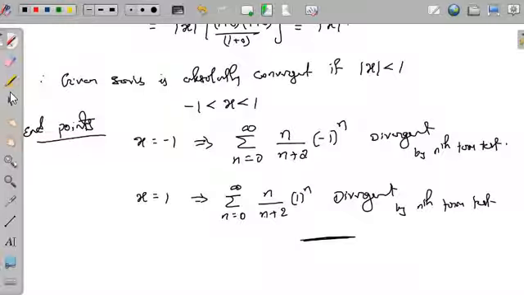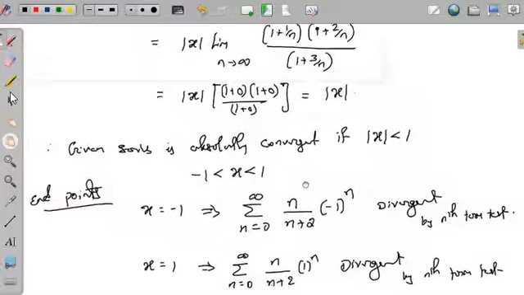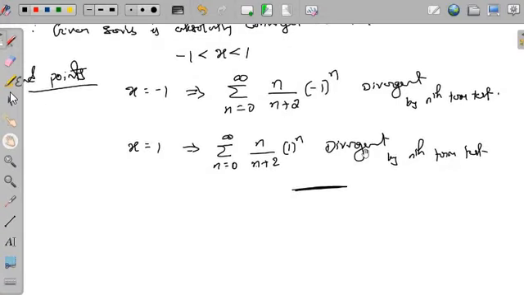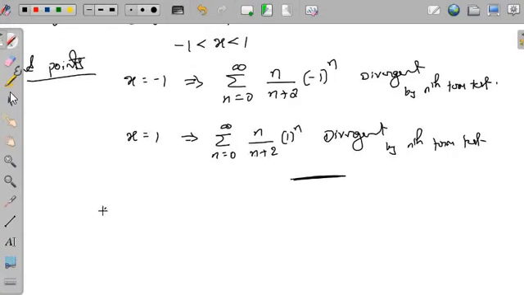Therefore it is divergent at both endpoints, right? So what is the interval of convergence? The interval of convergence is minus 1 comma 1.